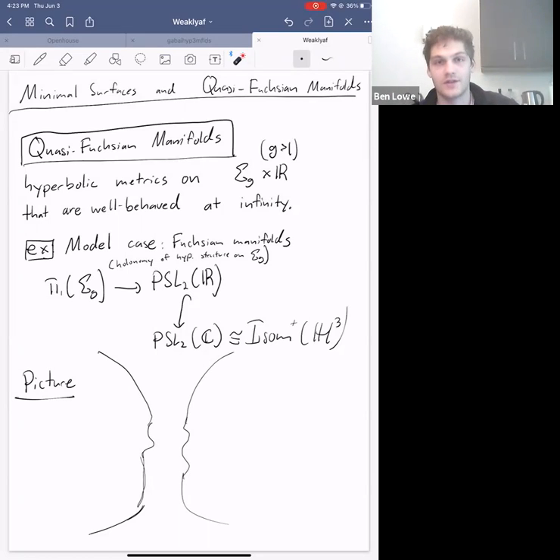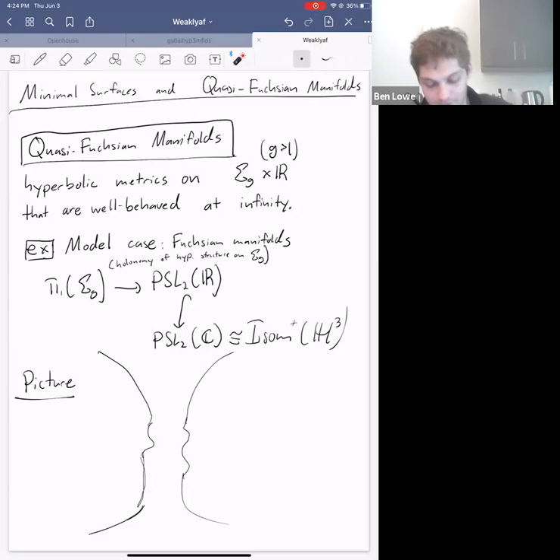Then you get the hyperbolic structure by approximating by quasi-Fuchsian manifolds and passing to a limit. So they're important for that theorem, for example.